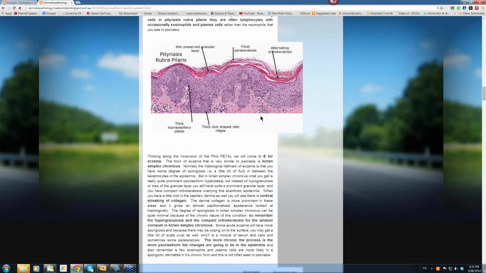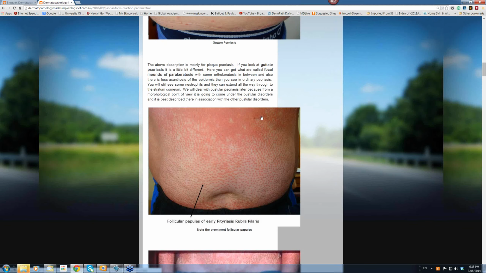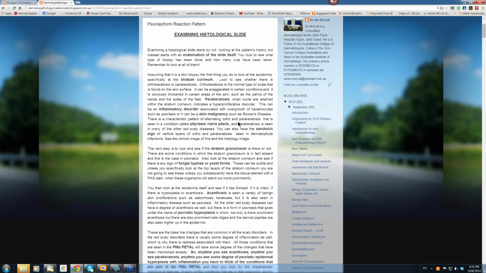But the purpose today was just to go over the various conditions that are part of the mnemonic, the PM's PET. So if you see these epidermal changes, you know that it's probably going to be a red scaly disorder.